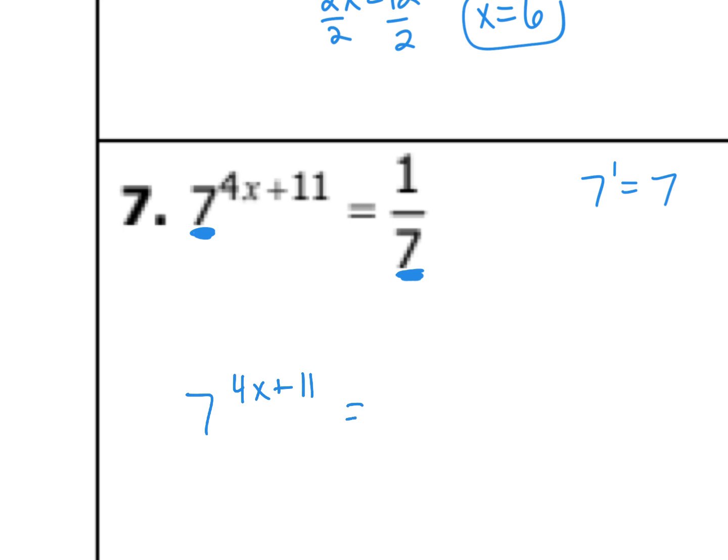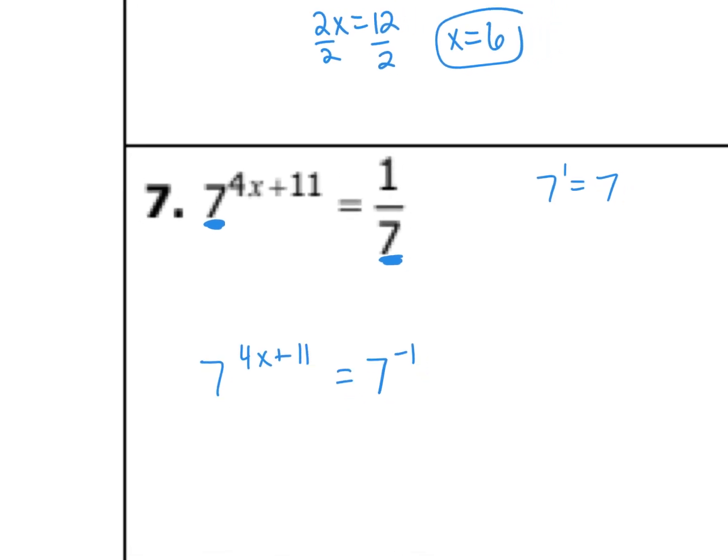But here's what I have to think with fractions. I know 7 to the first power gives me 7. How would I make that 7 shift downward to the bottom? You make it a negative one. So instead of positive first power, it becomes negative first power. That's just something we're expected to know. You might want to write that down.